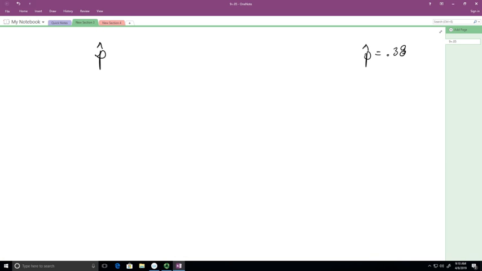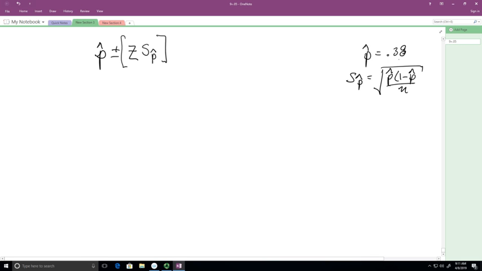The standard deviation for the confidence interval is p times 1 minus p divided by n. Take the square root of everything. So for a confidence interval, we have the z value times this s sub p hat, which uses, in this case, the 0.38.